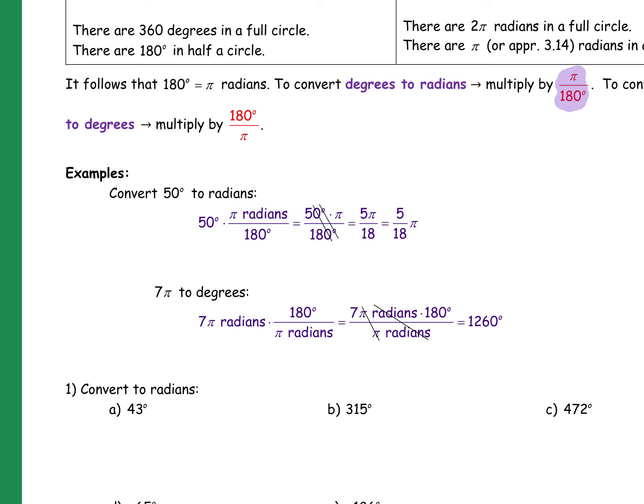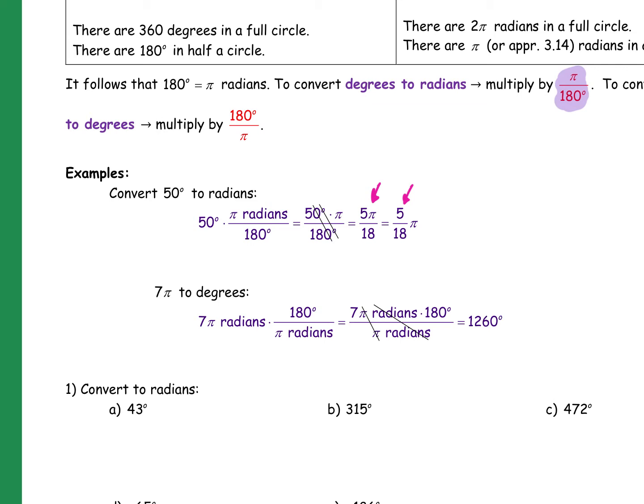The degree signs cancel out. The zeros can cancel out. If you have the same amount of extra zeros on the end of the top and the bottom, they can cancel out. Then I'm left with 5 over 18 pi, or 5 pi over 18. Either way is correct. That's my answer, 5 pi over 18 radians.